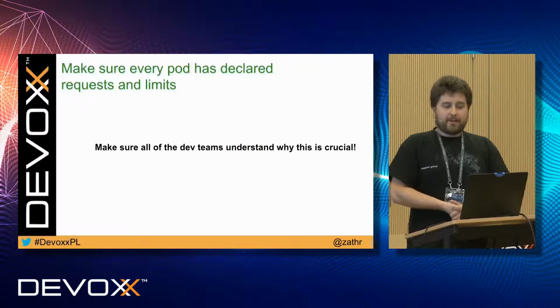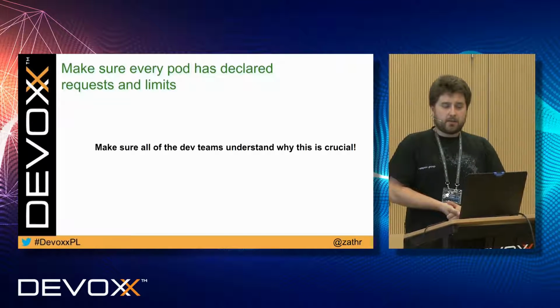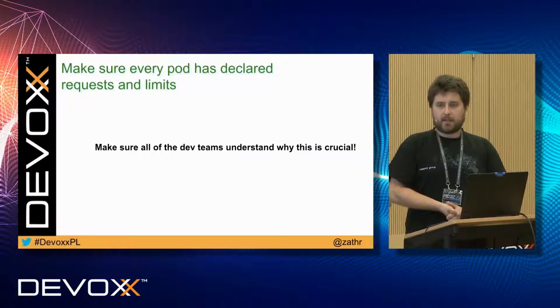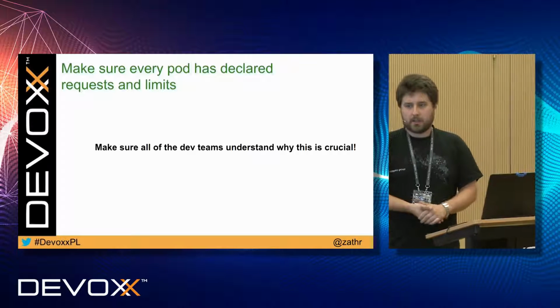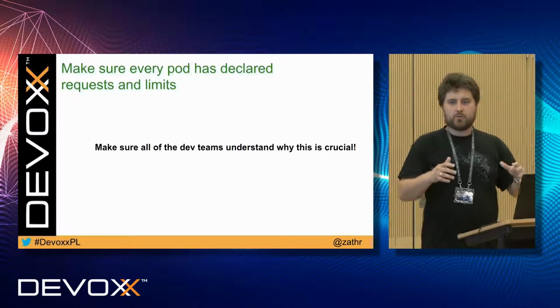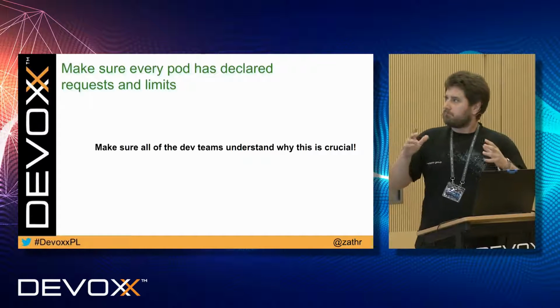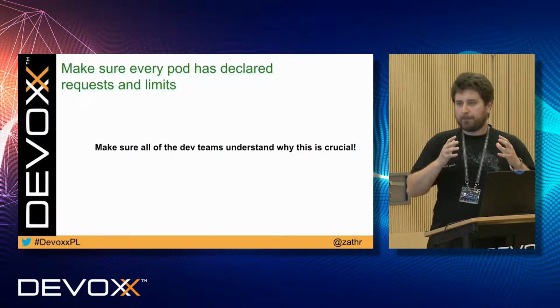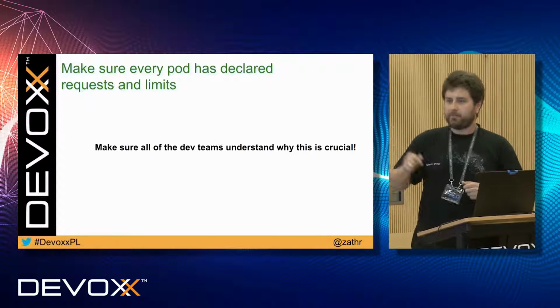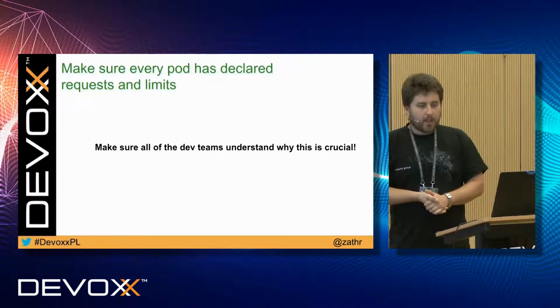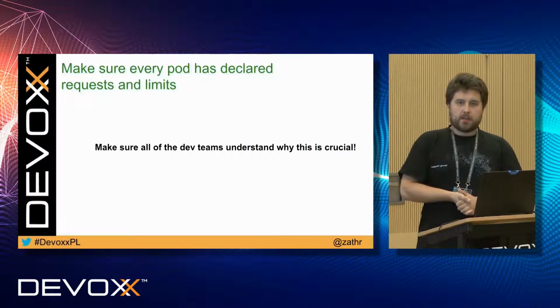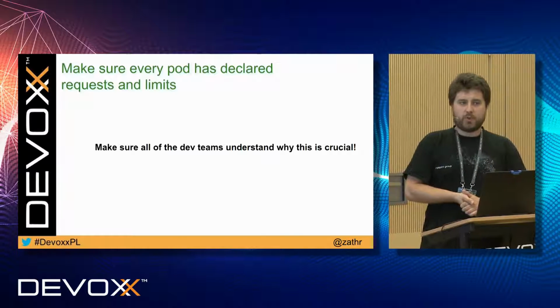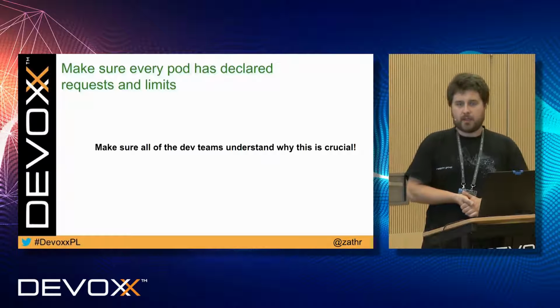Make sure every pod has declared requests and limits. That is paramount. If I were to limit this presentation to one single item, this would be this item. Without it, there's nothing that stands between you and over-provisioning.